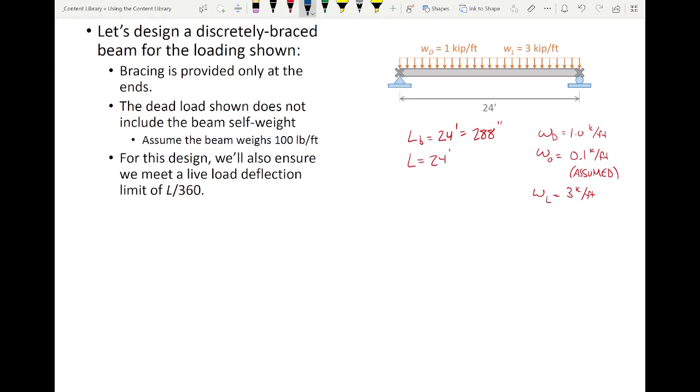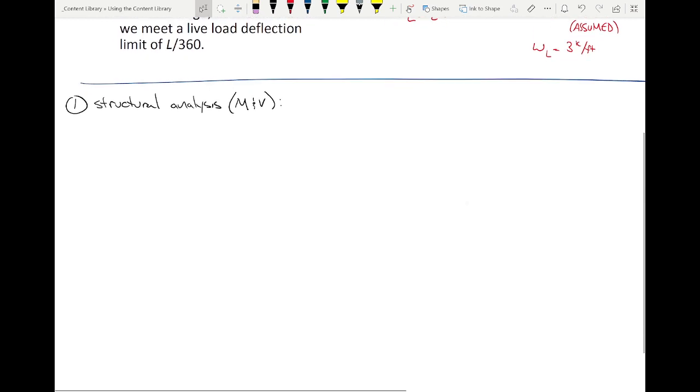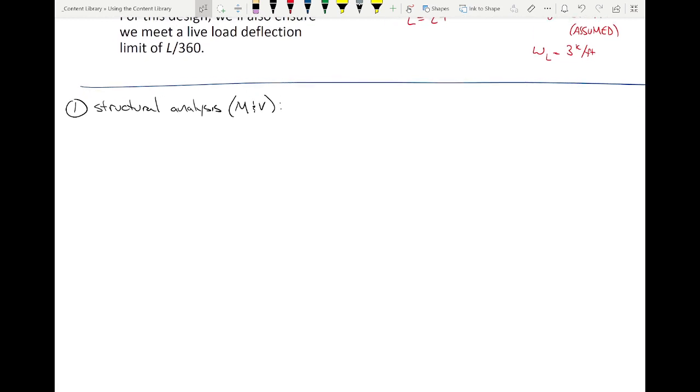So what we'll do is we'll say step 1. What I'm going to call step 1 is structural analysis. And specifically what I'm talking about is moment and shear. Okay? So the first thing that I'm going to do is I'm going to handle the dead load.